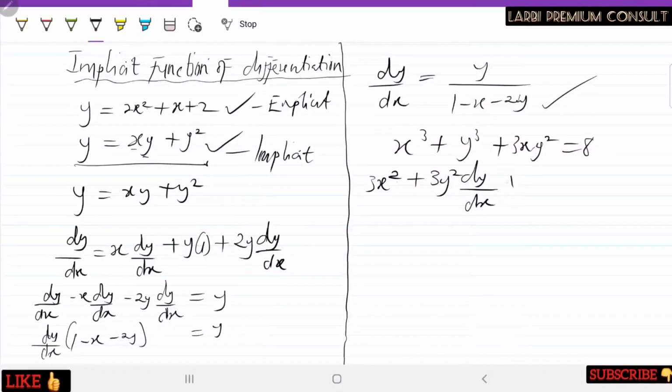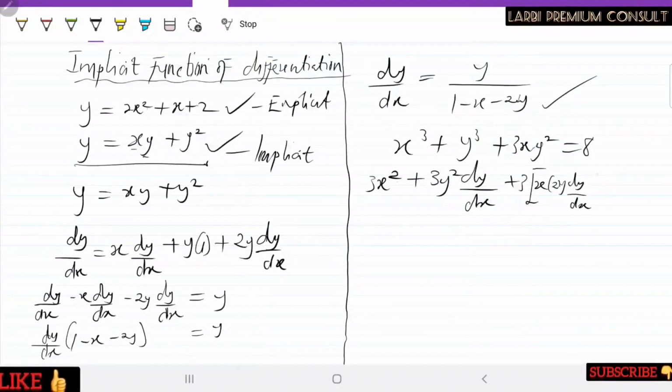Plus, so here too, this is what I will do. I'll bring the 3 out and I'll differentiate the x and then the y squared in this case. So I'll hold the x and I'll differentiate the y squared. So it's going to be x into bracket 2y dy over dx.